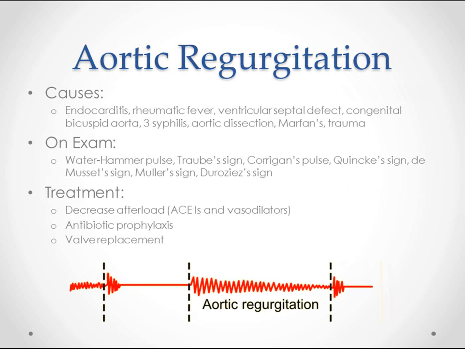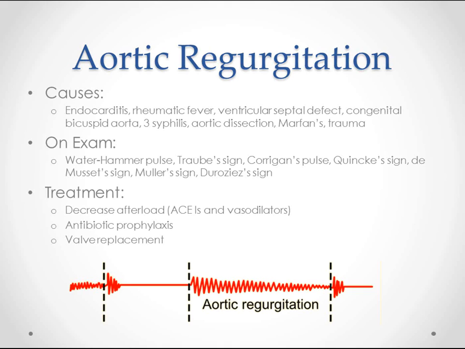So aortic regurg can be caused by endocarditis, rheumatic fever, ventricular septal defect, congenital bicuspid aorta. This is one of the ones that you will see appearing later in life if you have a congenital bicuspid aorta, which also can result in aortic stenosis.